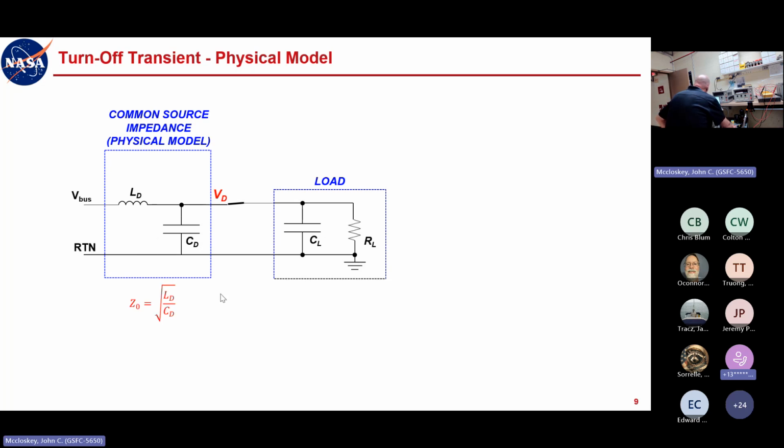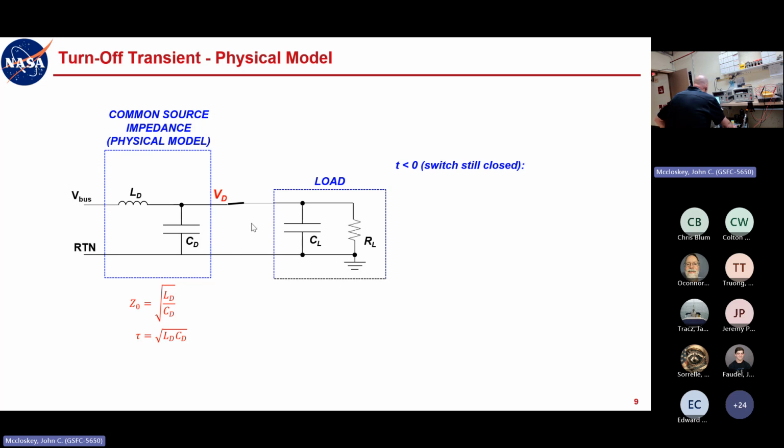And again, just from basic transmission line theory, Z naught, the characteristic impedance of a transmission line, is the square root of L over C. In this case, L sub D over C sub D, just the distribution inductance and capacitance. And the time constant of an LC circuit is the square root of LC. Okay, so we look at this again in this light. Before we throw the switch, so T less than 0, the switch is still closed.